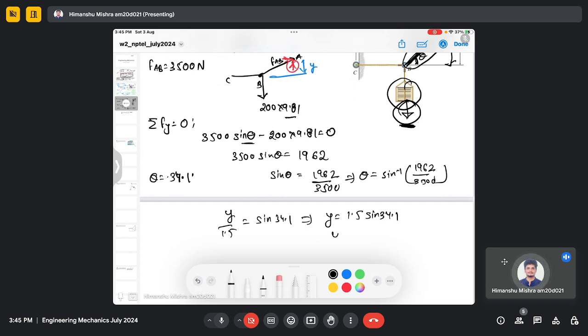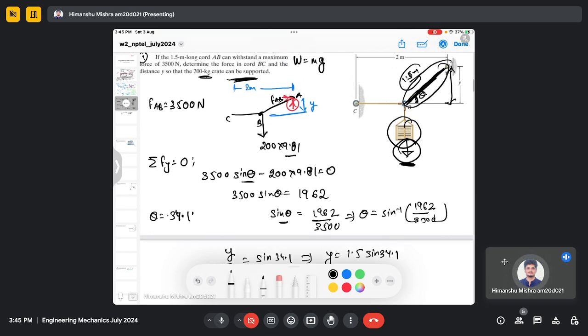So y will be 0.84 meter. This angle we got when we did the force balance analysis in the y direction.